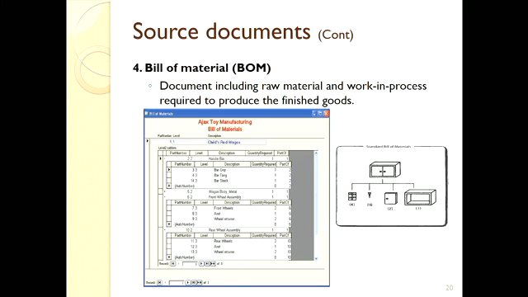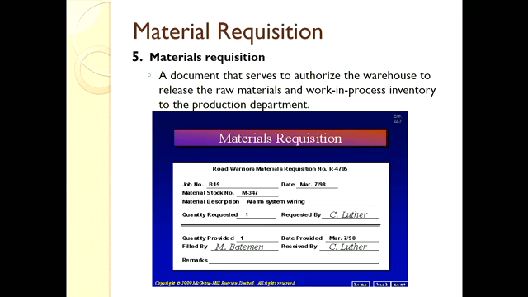So this is very similar to the bill of material. Similarly, in a manufacturing firm, the bill of material will show all the components, all the parts needed for the company to make a certain product, and how many pieces of each part are needed. So that's the bill of material.